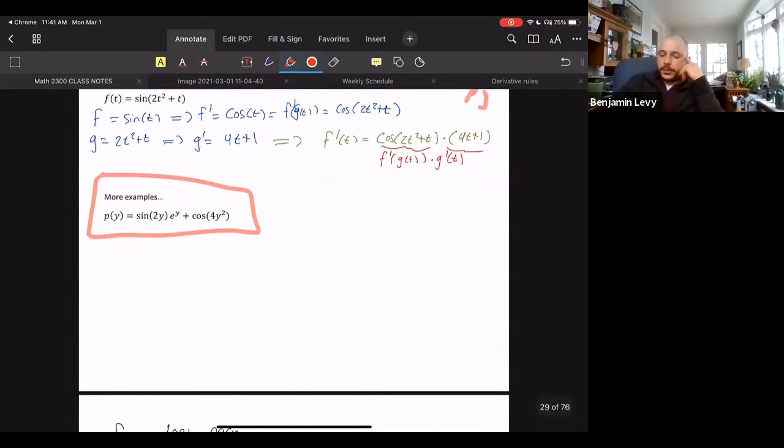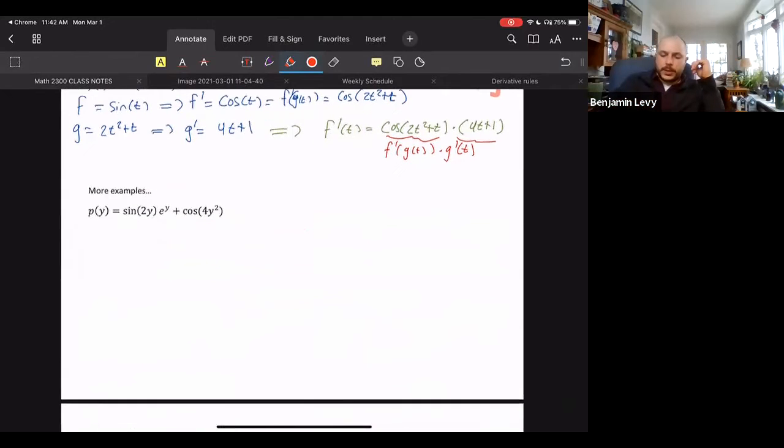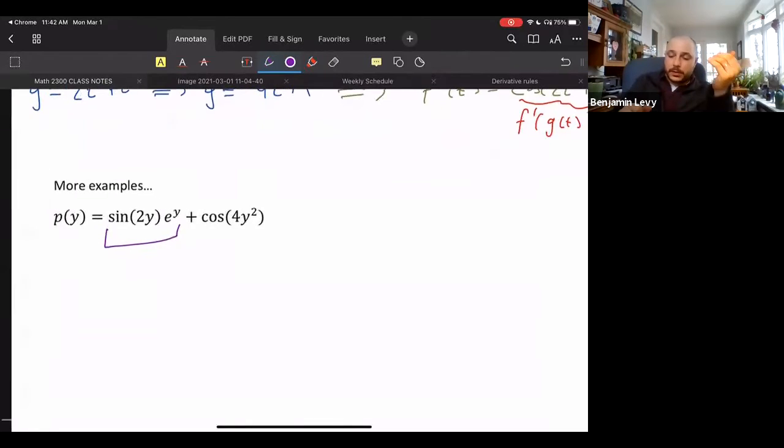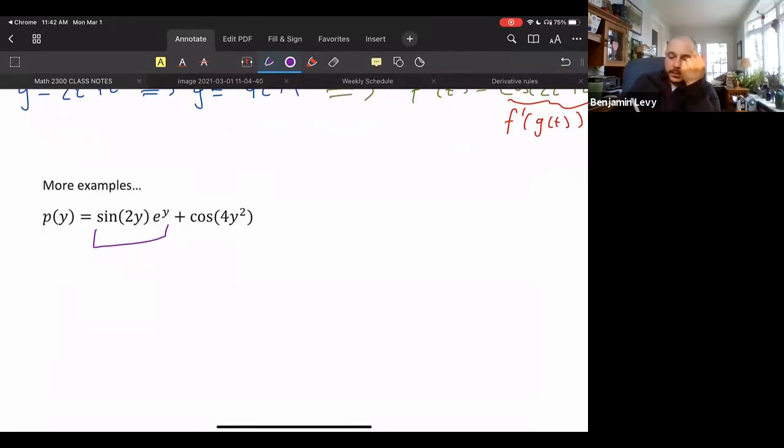All right, so let's start with this first one. I'm going to do this first one, then we're going to do some breakout groups with the other ones. When I look at this first one, it's kind of complicated, because if we want to do the derivative, we have 2 things being multiplied in the first part, right? We have sine of 2y times e to the y.